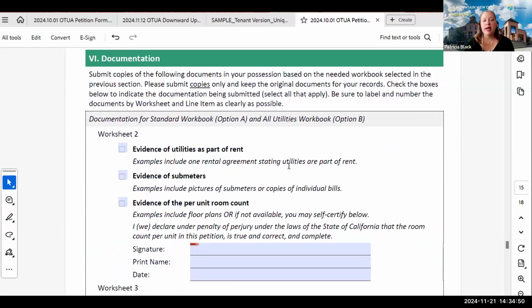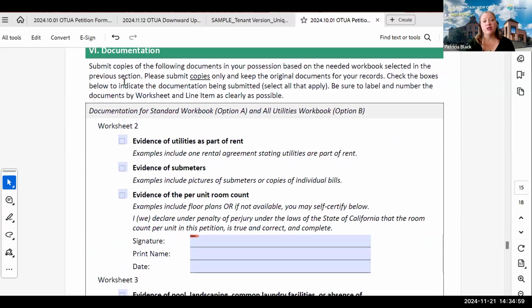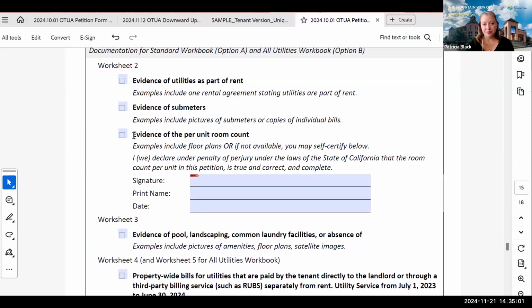And then, as you tick through your workbook and figure out your documentation, you're going to go ahead and fill out section 6 here, documentation. If you have tenancies that started after March 1st, you are going to need an example of those rental agreements that show that utilities are part of rent.